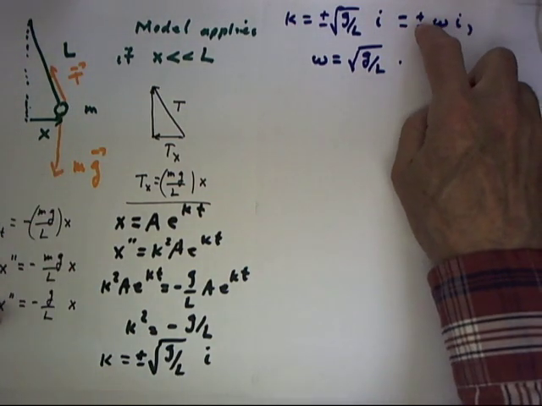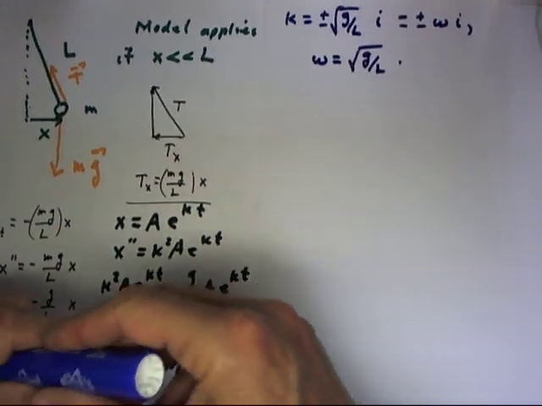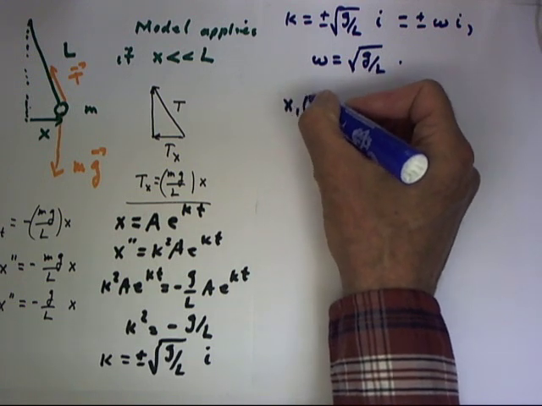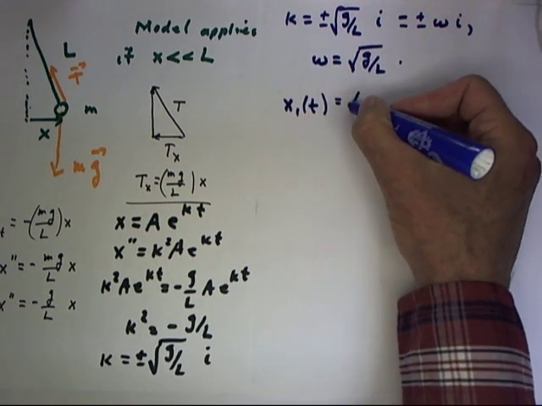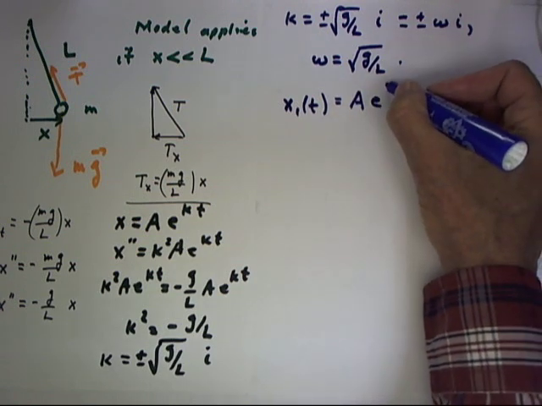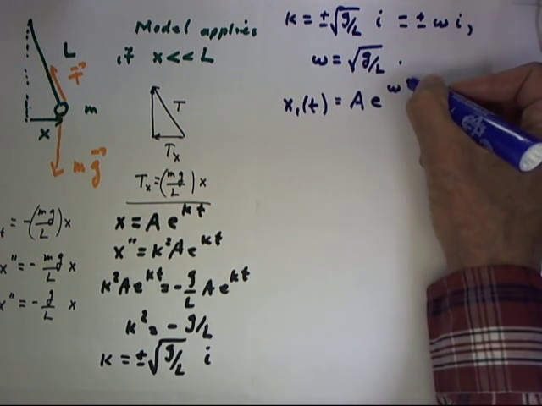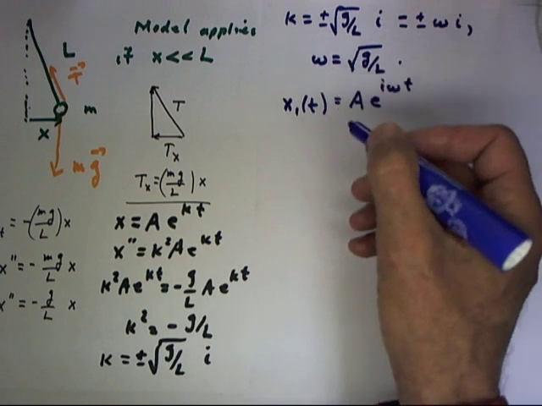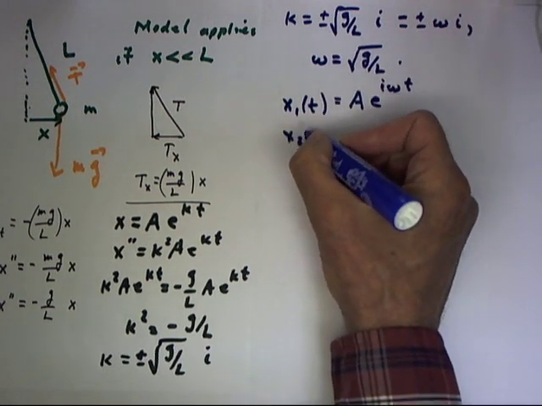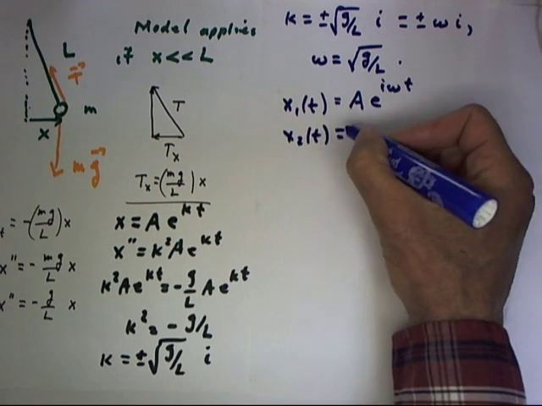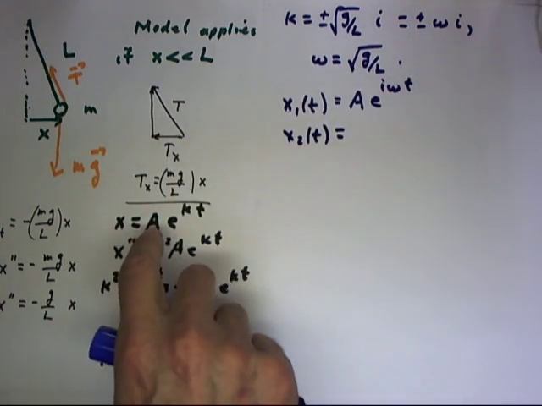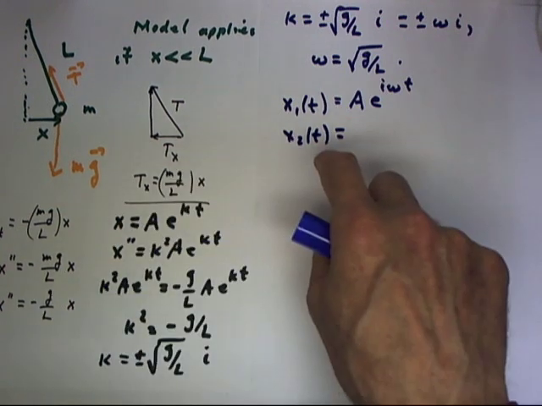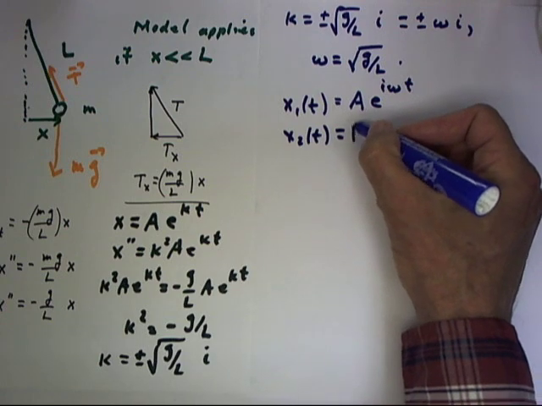So substituting plus or minus omega i for k, well, substituting each separately, we get two solutions. We get x1 of t equals a e to the i omega t, and x2 of t equals, now our substitution or our trial function was a e to the kt. A is an arbitrary constant, so I'm going to use b instead of a.